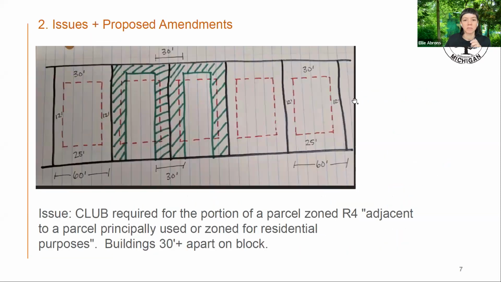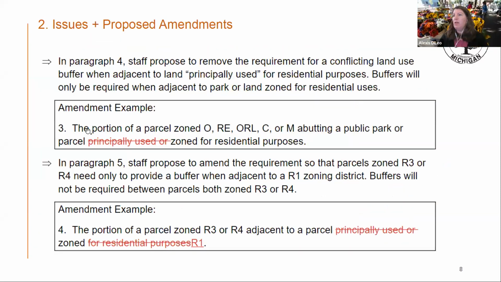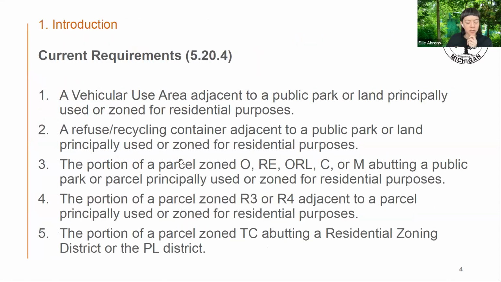So it sounds like from here, keep number 3 as proposed. Keep number 4, but maybe not as proposed, possibly just strike number 4. Strike number 4, okay. And then in number 1, get rid of land principally used, right?